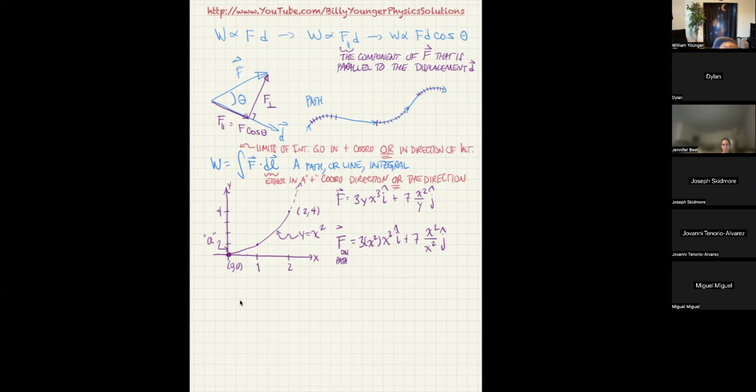So like in this case, obviously I'm going left to right. So in both cases, it would be dx i hat positive, and it would be from x equals 0 to x equals 2. Okay. So we'll have more chance to do that, but this is the general part of it.